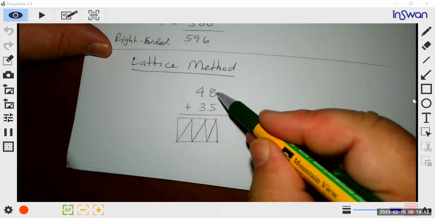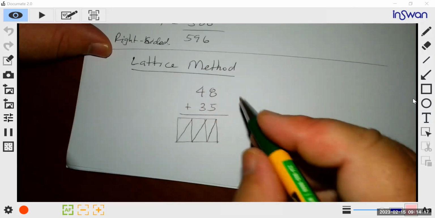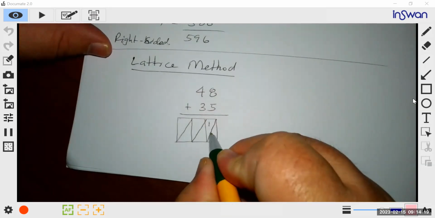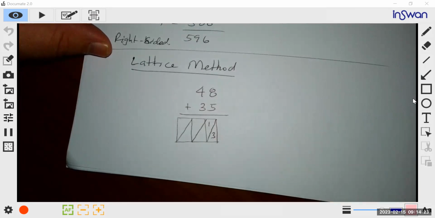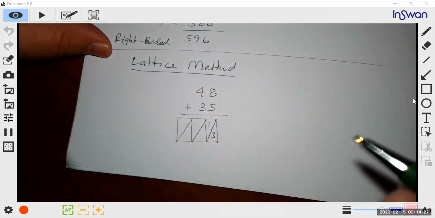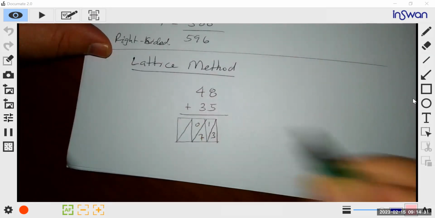So each one of these, so 8 plus 5 is what? 13. So yeah, the 10s go on top, the ones go on the bottom. What does 4 plus 3 equal? Yeah, so there's no 10s and 7 1s.